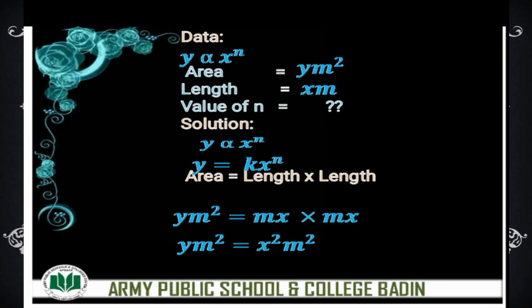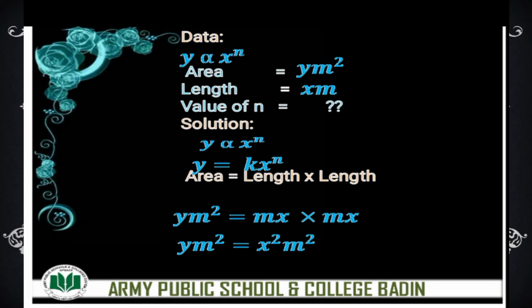According to the solution, y is directly proportional to x power n. So when we remove the sign of proportionality, y is equal to k x power n, and area is equal to length into length. So in our question, area is equal to y m square and length is equal to mx.